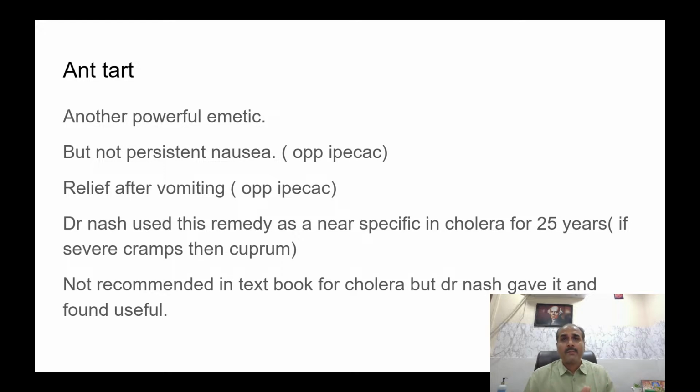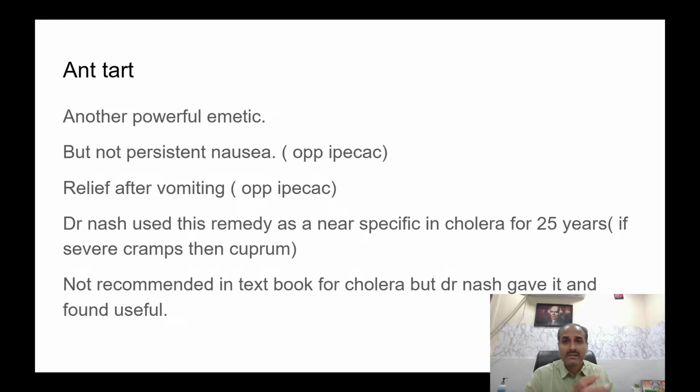Next remedy that we'll be discussing is antimonium tart, and Dr. Nash mentions this remedy after Ipecac because this is the remedy which is almost indicated after Ipecac if the case has progressed into suffocation or accumulation of cough, coarse crepts, or dullness in the chest region when we examine.